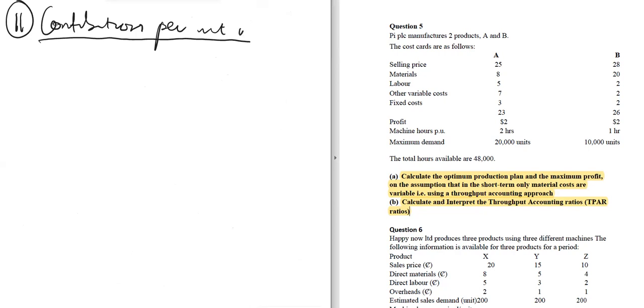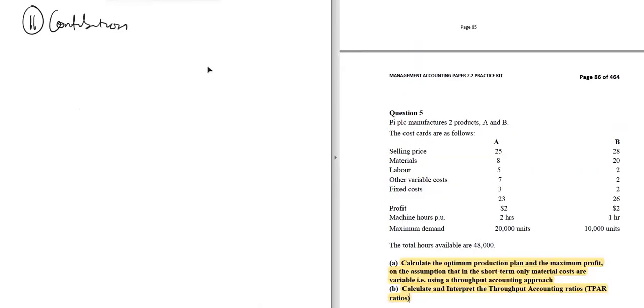So contribution per unit of bottleneck, or contribution per unit of limiting factor, depends on how you want to go. So now you calculate your contribution per unit, and getting your contribution per unit, what do you do? So you bring your product A and bring your product B. So how do we get this then?